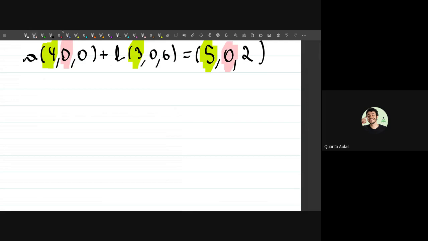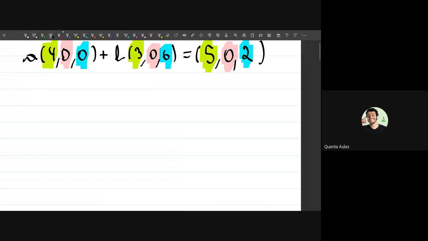X, y, z coordinates of space. So we cannot sum y things with x things or y things with z things, right? X with x, y with y, z with z. Okay, so we need to multiply these things too.